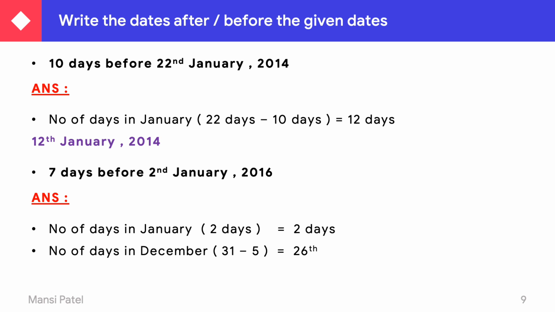What is the 26th day of December? So we can say that it is 26th December 2015. See here, they gave the date in January and we get our answer in December. So we are just moving backward, so just write the previous year. What is the previous year of 2016? The previous year of 2016 is 2015. So our answer is 26th December 2015.